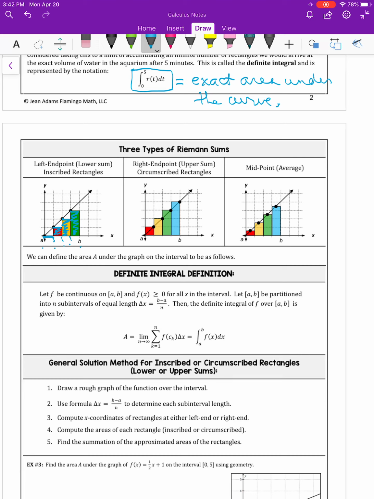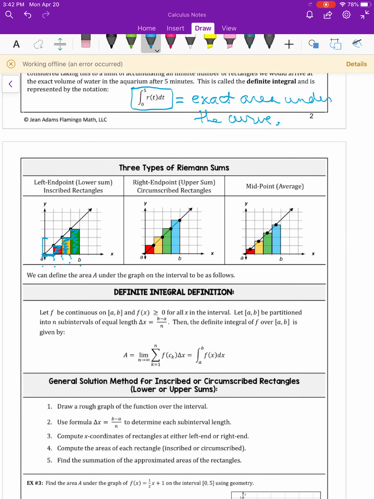And you're just breaking it up into whatever, like if this was 0 to 4, this would be 1, 2, and 3, so whatever your A and B is and how many rectangles that you're choosing would be your N, and then that's how you figure out what the width of each rectangle is.